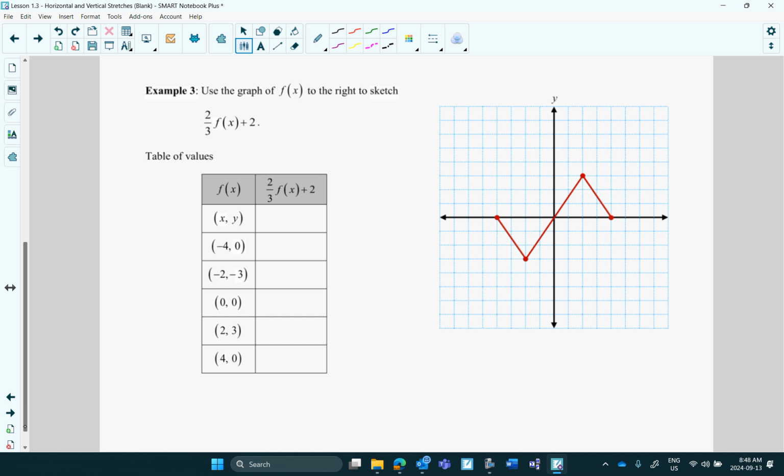That tells me it's going to be a vertical stretch by a factor of 2/3. What does the 2 at the end tell us? It's going to move 2 up.